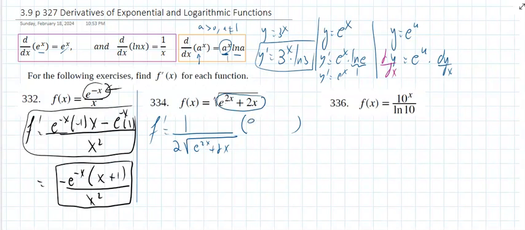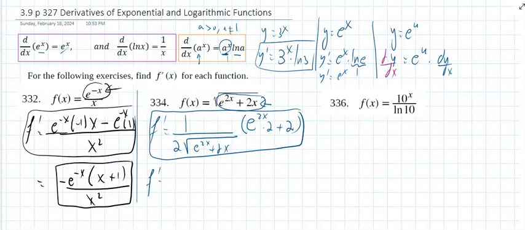Derivative of e to the 2x is e to the 2x times derivative of 2x, which is 2, plus the derivative of 2x, which is simply 2. Now again, that's the calculus. You want to clean this up. You could factor a 2 out of the top. You'll have e to the 2x plus 1. And the 2's cancel out, and there's my answer.